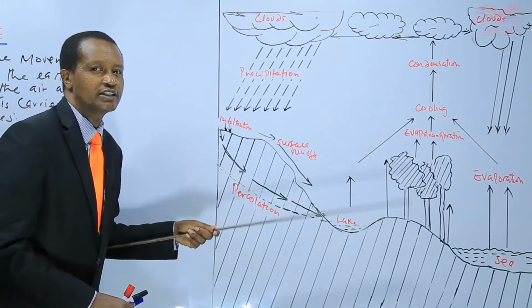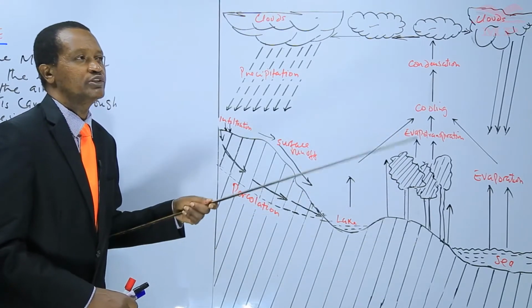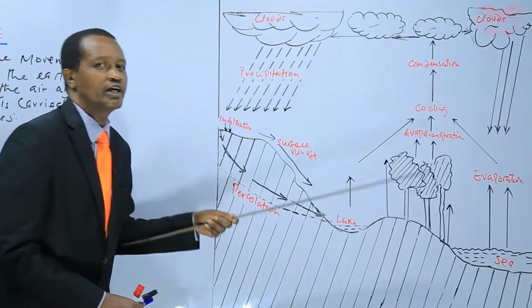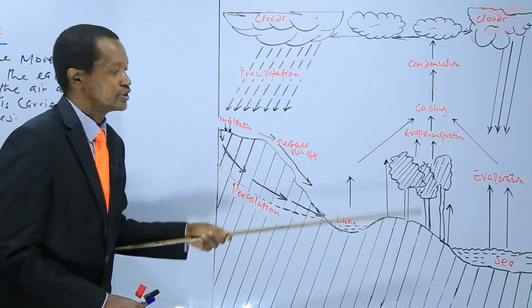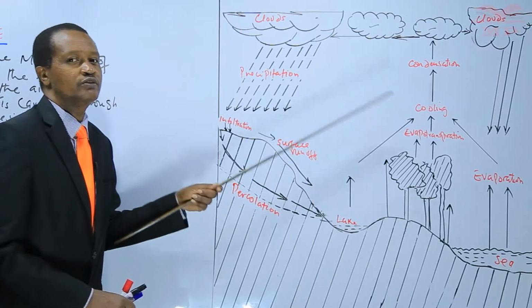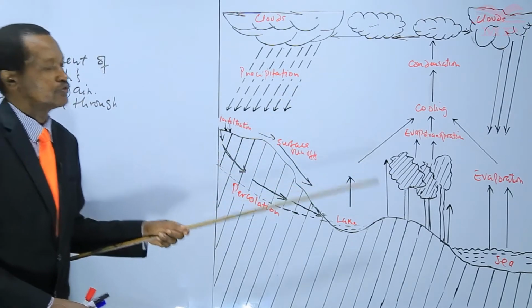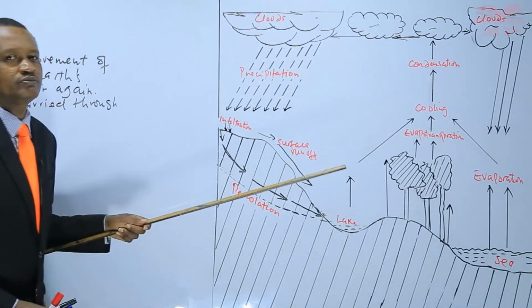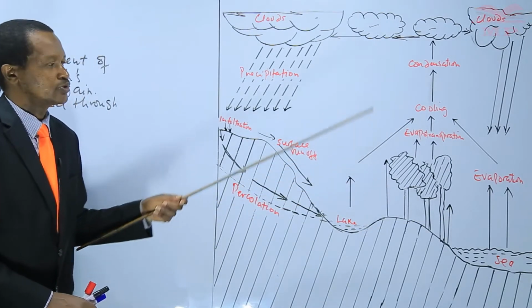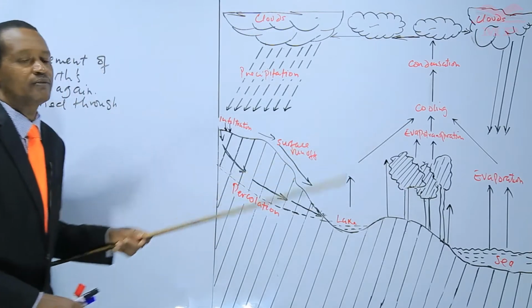Some water vapor is also added to the atmosphere from the soil, through the process of transpiration. This is transpiration of plants.